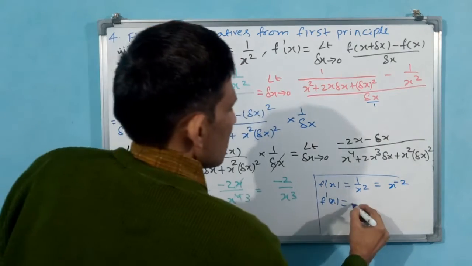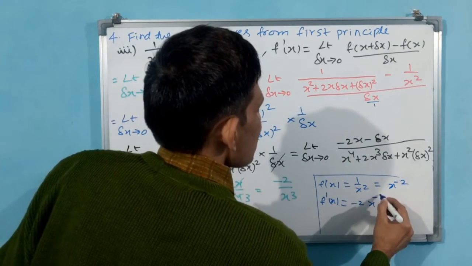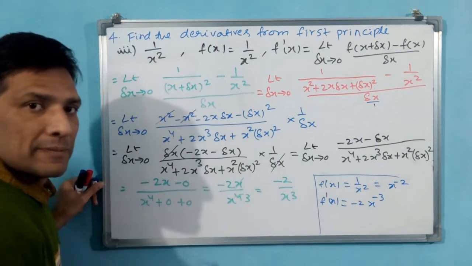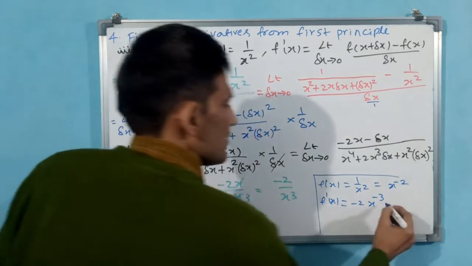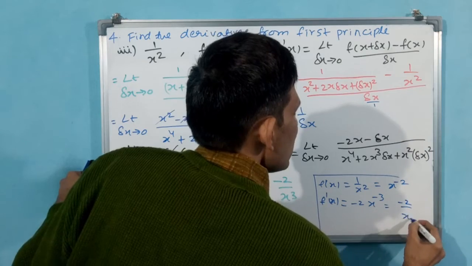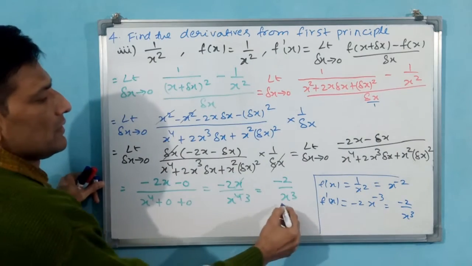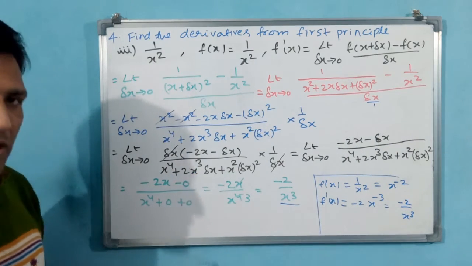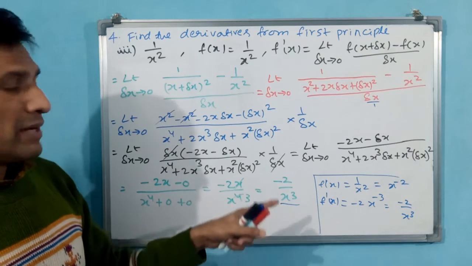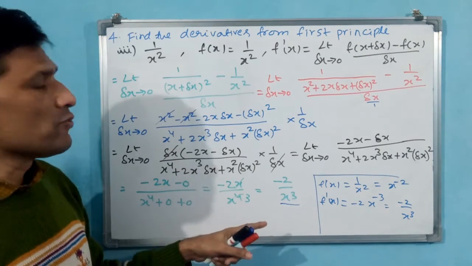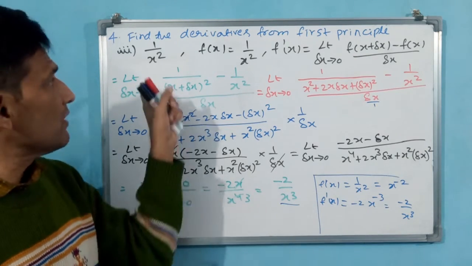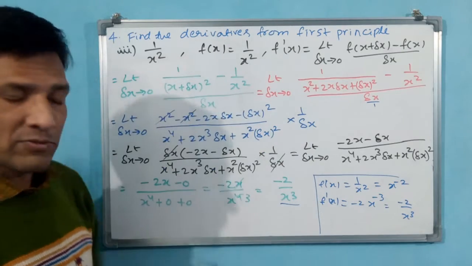Minus 2 x power minus 3, that is n into x power n minus 1. That is equal to minus 2 by x cube. With one step you can get it. But this process we will do from the fifth question onwards. Four questions we will do with this process only.